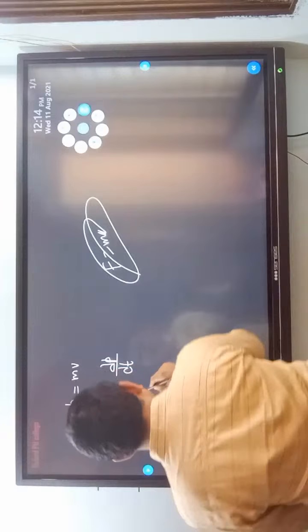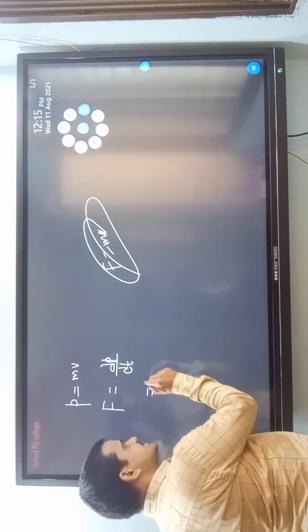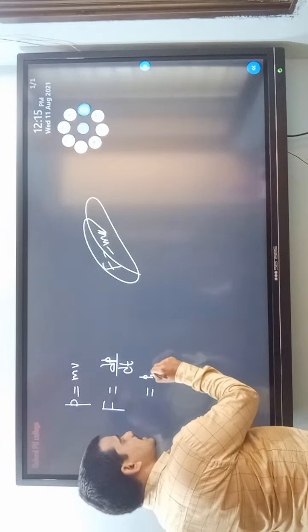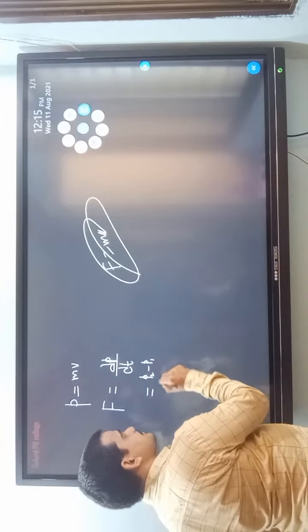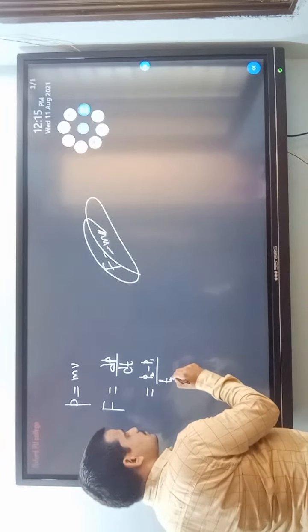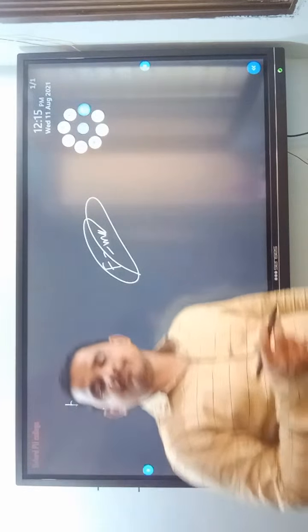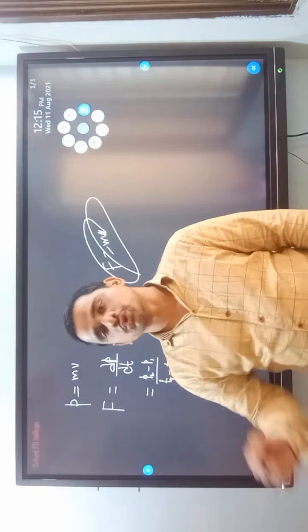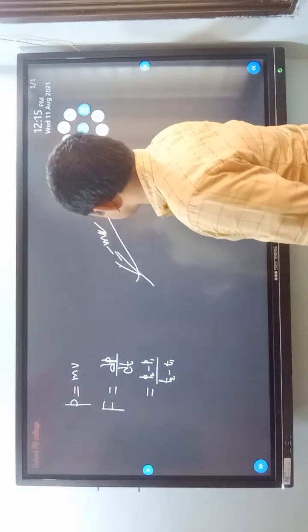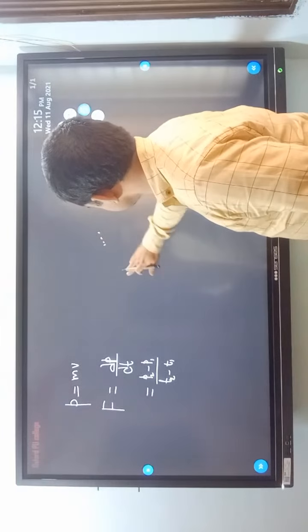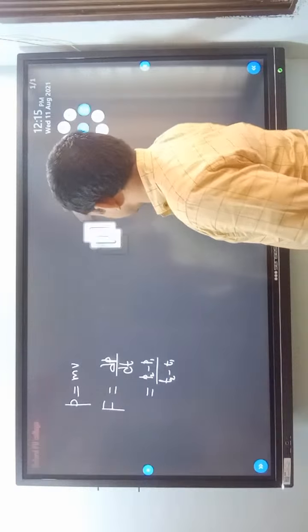Changing momentum, I can simply write as P2 minus P1 by T2 minus T1. Means changing momentum by time. Rate means with respect to time. I'll give one more example to make it easy.